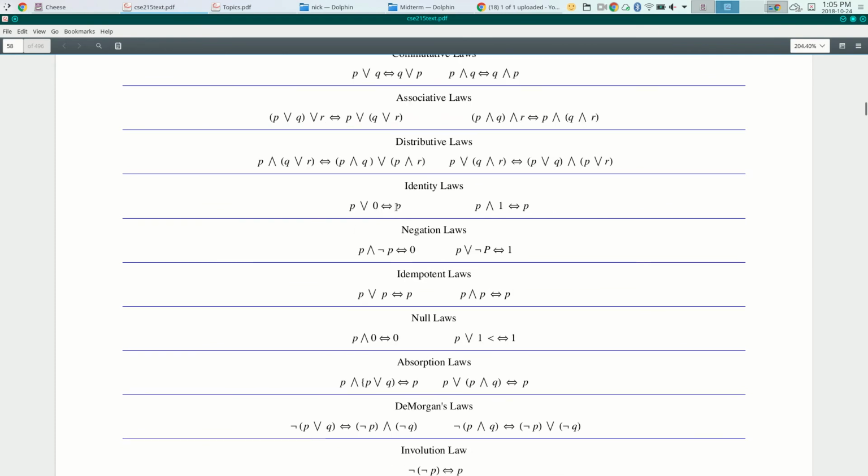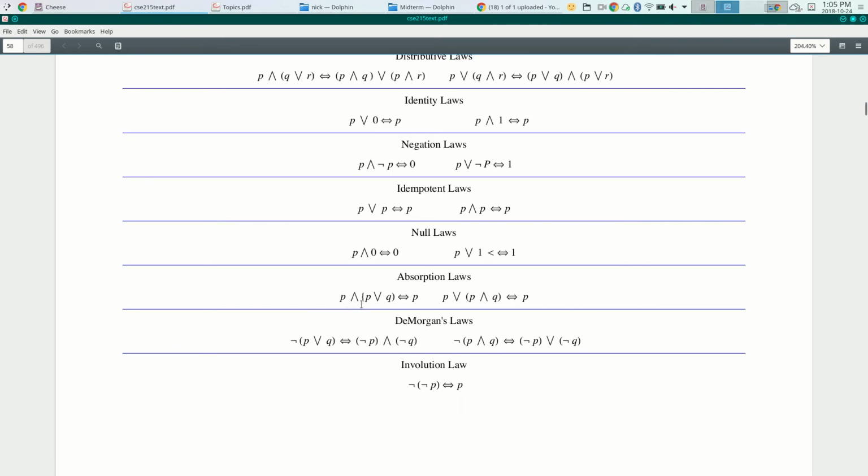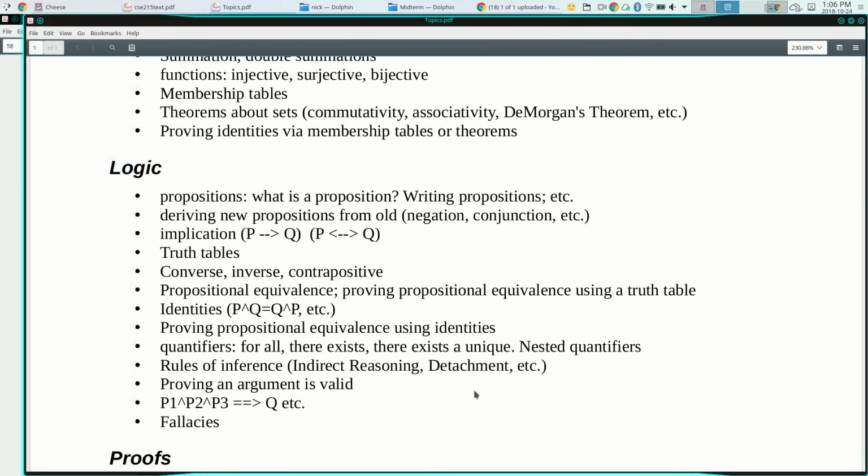So P or 0 is the same as P. P or P is the same as P. P and P is the same as P. P ANDed with P or Q is the same as P. De Morgan's laws, of course. The negation of the negation of P is P, and so on. And so we can take some of those and throw them at other statements and show that things are the same. Or we can use truth tables.